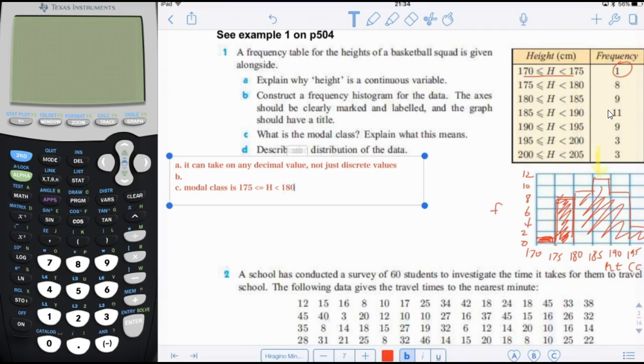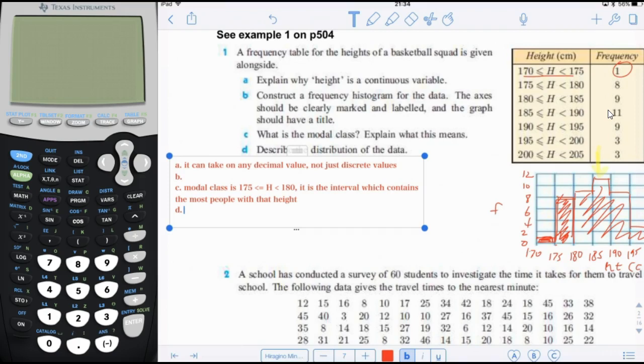And it says, explain what that means. It is the interval which contains the most people with that height. The frequency is the highest, basically.